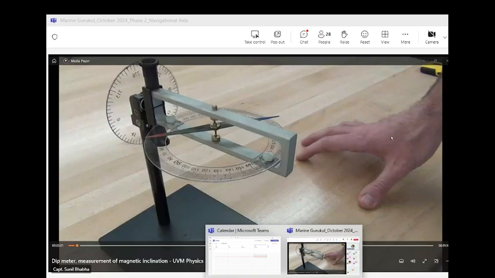Okay, so you will see how a dip meter is practically used to obtain the dip angle.